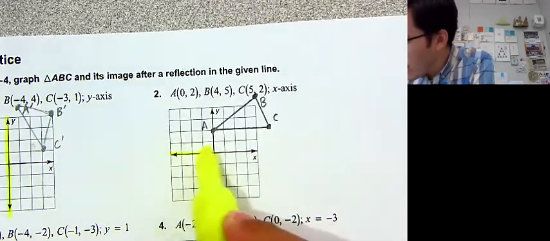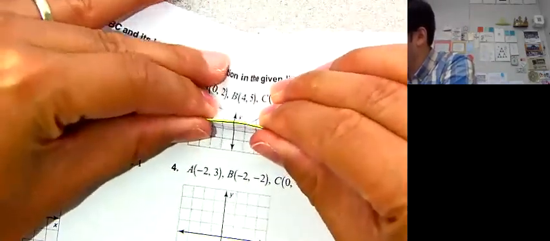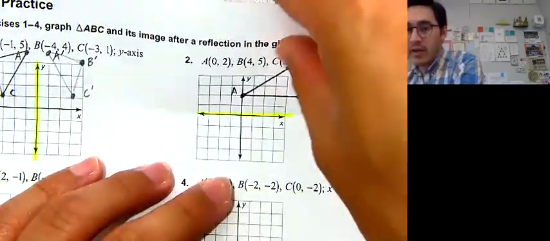So I'll highlight the x-axis, and then I will make a crease there, best that I can, and then fold it back the other way. Okay, all right, so we're folding that triangle down across the x-axis.